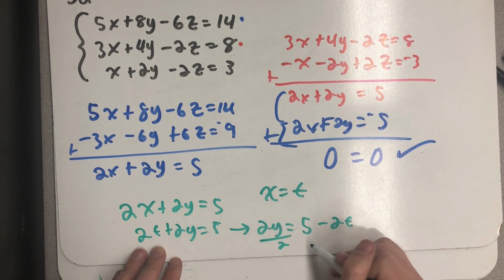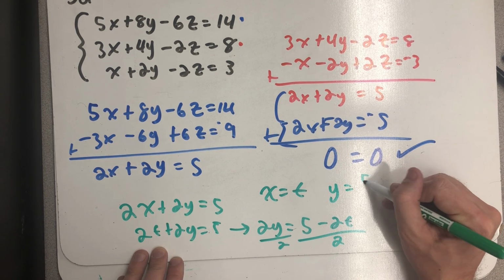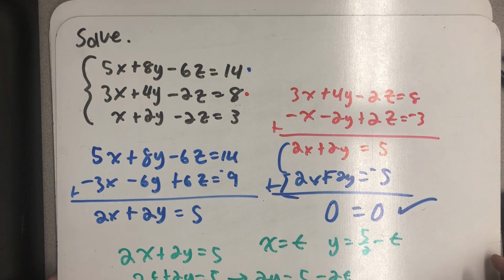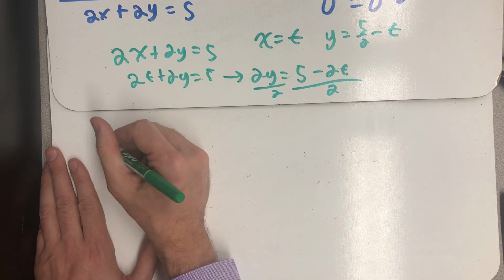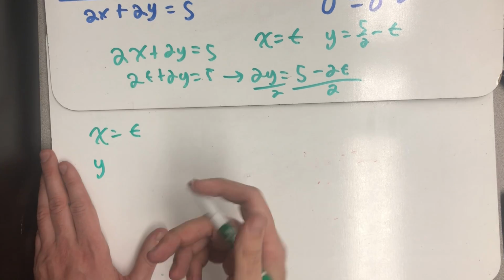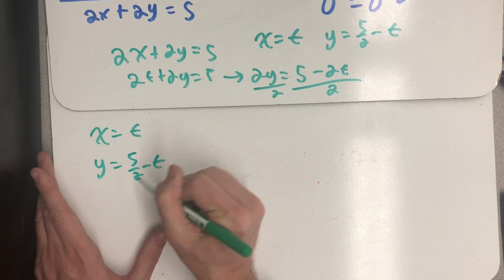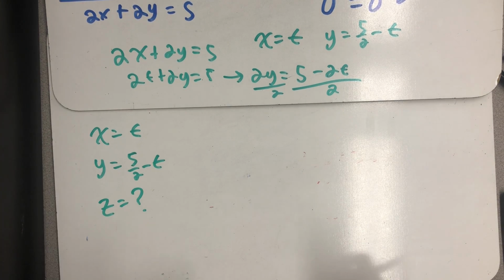Let's divide everything by 2, and y is equal to 5/2 minus t. All right, well, that's a nice start. That tells me that if x was equal to t, you pick a number, x is equal to that number, then y is equal to 5/2 minus that number. And all my recipe is missing now is an answer for z.